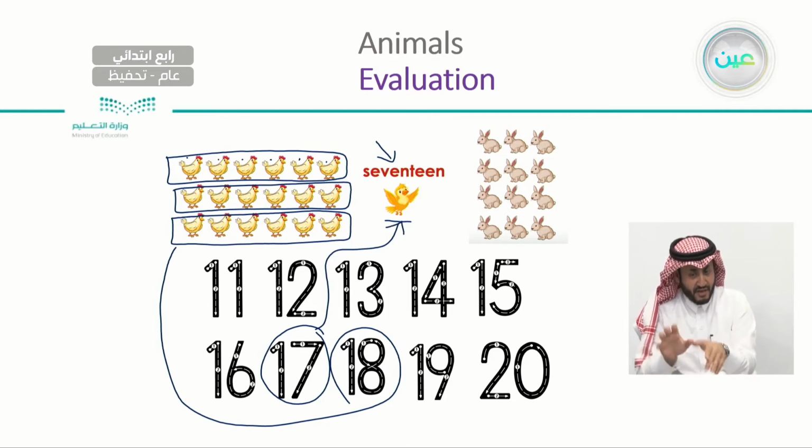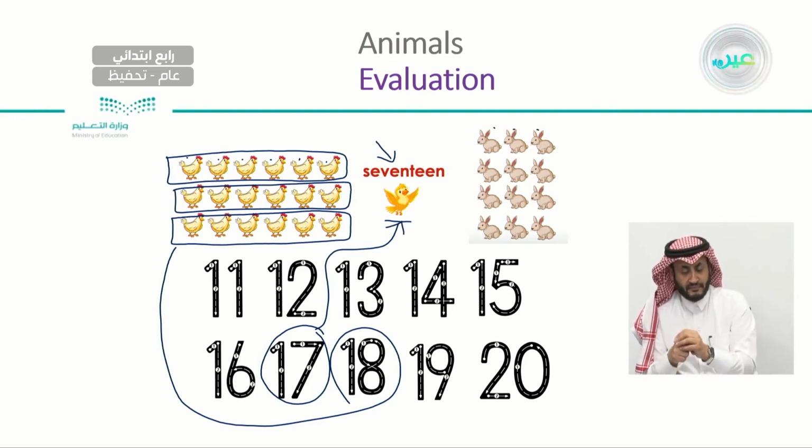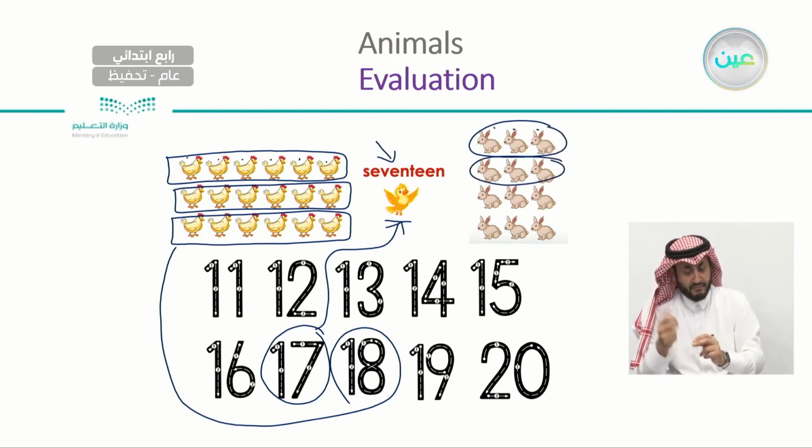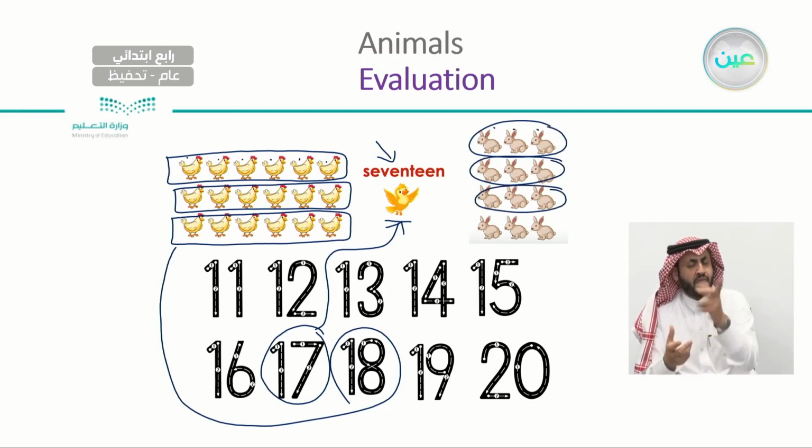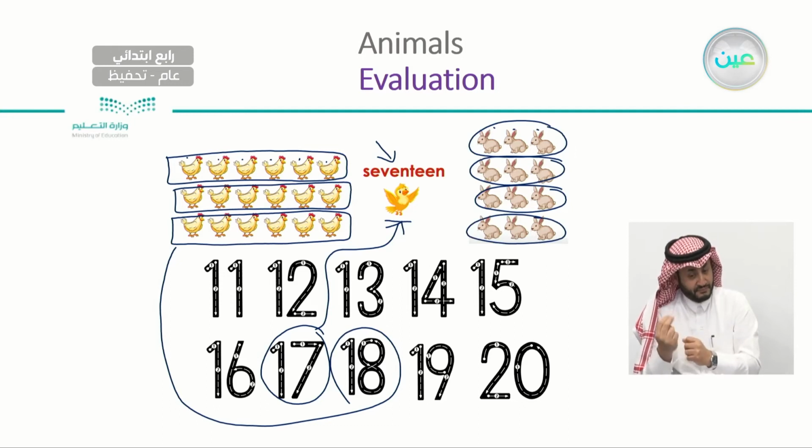Now look at this picture of rabbits. How many rabbits do we see? 1, 2, 3. Okay, so we have 3 over here and another 3 over here. 3, 4, 5, 6, 7, 8, 9, 10, 11, 12. Can you see number 12? Yes, here is number 12. We're matching it to the rabbits.